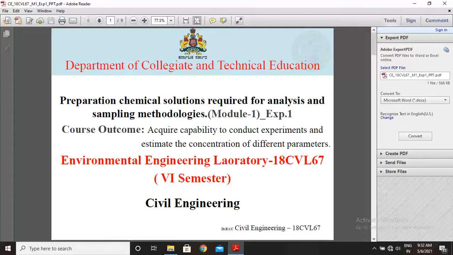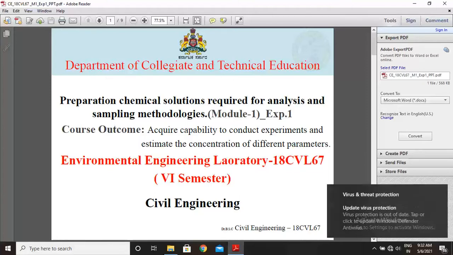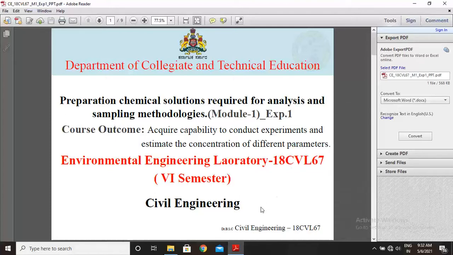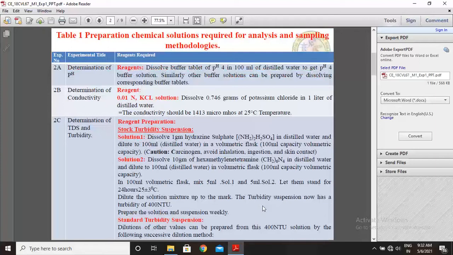Course outcome: acquire capability to conduct experiments and estimate the concentration of different parameters. Subject title is Environmental Engineering Laboratory. Subject code is 18CVL67 of 6th semester in Civil Engineering departments. This table explains in detail how to prepare chemical solutions required for analysis and sampling methodologies.